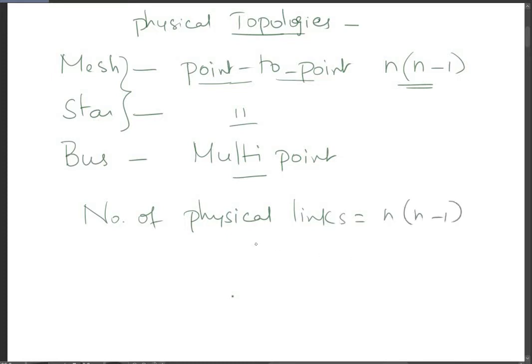This is the formula we use if the links are unidirectional, but if the links are bidirectional, we use the formula n into n minus 1 by 2. This is how we calculate the number of physical links in the mesh topology.